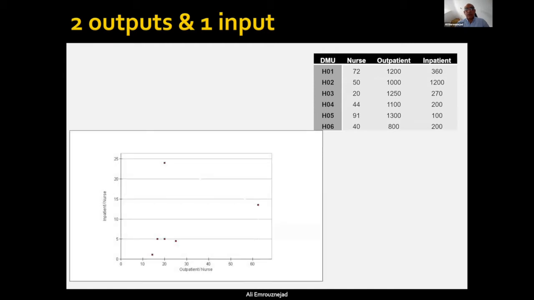So basically, we measure the efficiency of the nurses against the services they provide to inpatient and outpatient units. In DEA, we can define a boundary, which we call the efficient boundary, and then we can compare inefficient DMUs against the boundary, like H01 in this case, against the boundary, which is H02 and H03. This is the way that we measure efficiency in the output-oriented model.